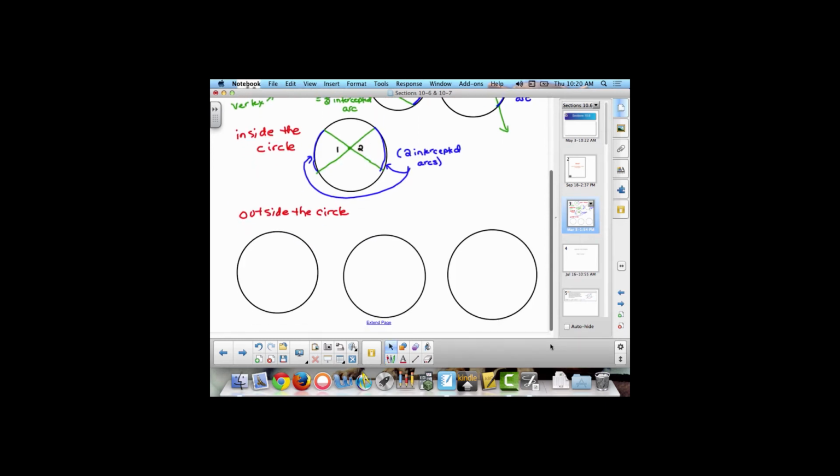Finally, we have angles where the vertex is outside the circle, and there are 3 ways that this can occur. We can have 2 tangent lines intersecting outside the circle, like this picture. When that happens, we get 2 intercepted arcs here and here.